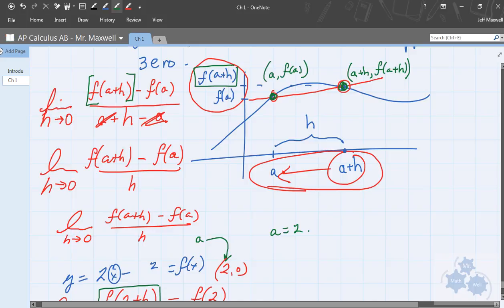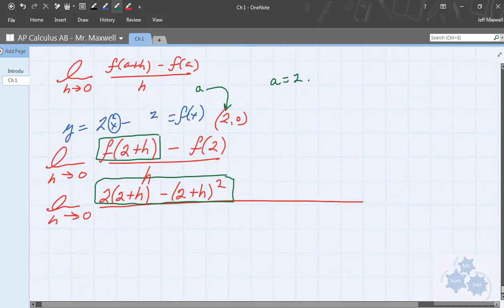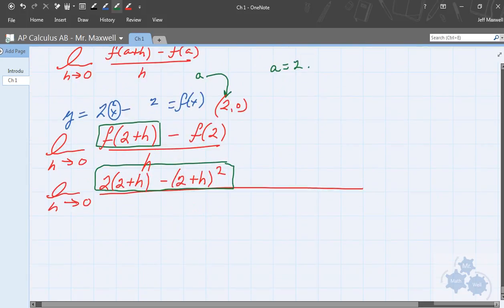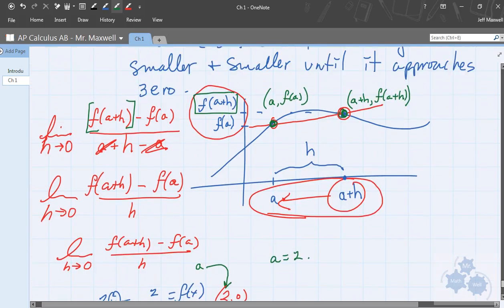So look at the machine here. The machine is the slope, and this is just the slope simplified. I am trying to find the slope of these 2 points as h approaches 0. So as the distance between them approaches 0, I am going to end up with the tangent slope.